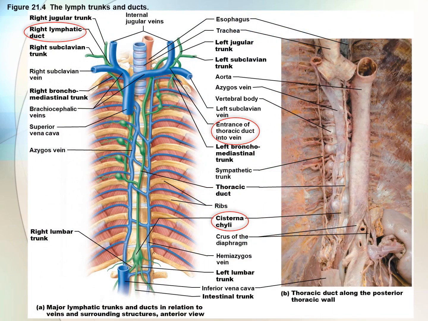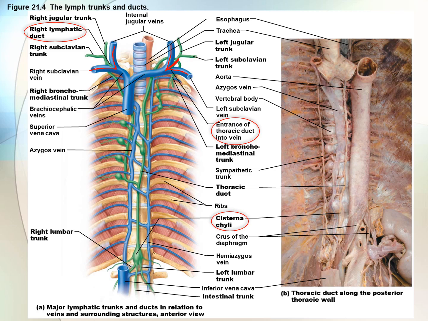So this just shows you kind of a better view of how those lymphatic ducts drain into the junction of the internal jugular veins and the subclavian veins. So if you see, here's that junction right here on either side, okay, of the veins. And then you see the trunks coming in into the duct, okay?